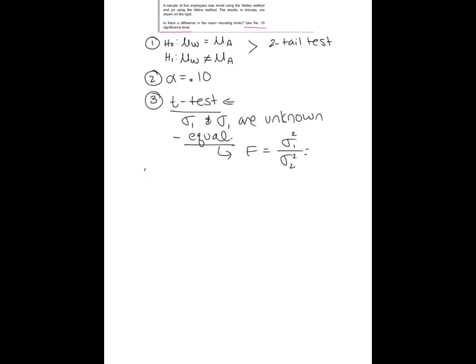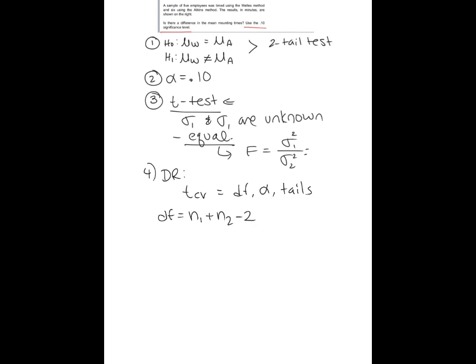All right, so let's go on to step 4. Step 4 is our decision rule. The decision rule is set up effectively the same way as it always was. This is going to be a t-test, so we're going to have a t critical value based on the degrees of freedom, alpha, and the number of tails. For the pooled t-test, the degrees of freedom are found by taking n1 plus n2 minus 2.